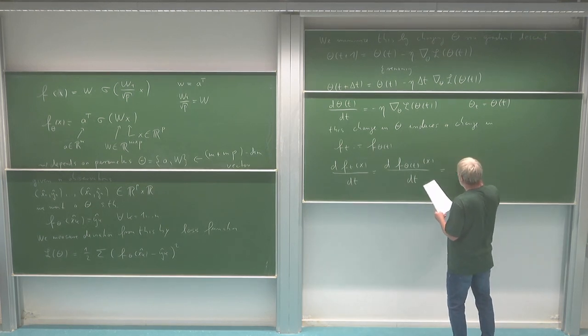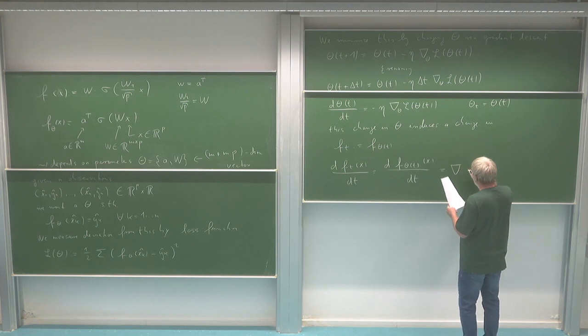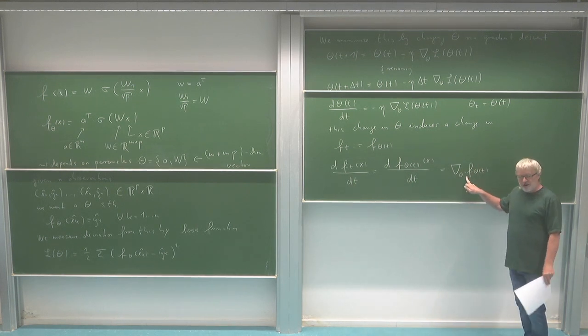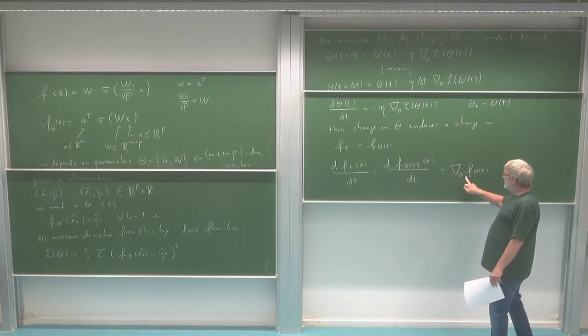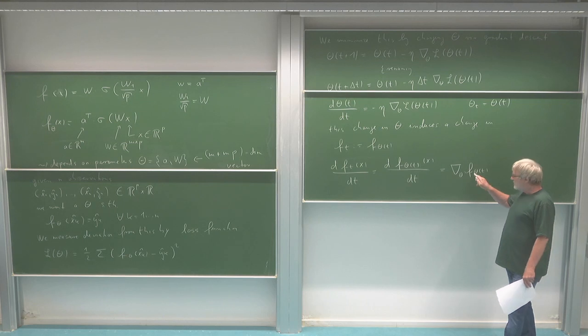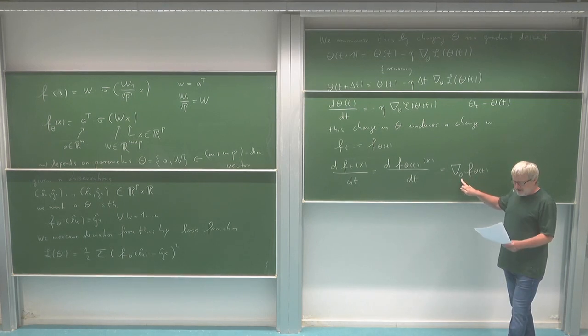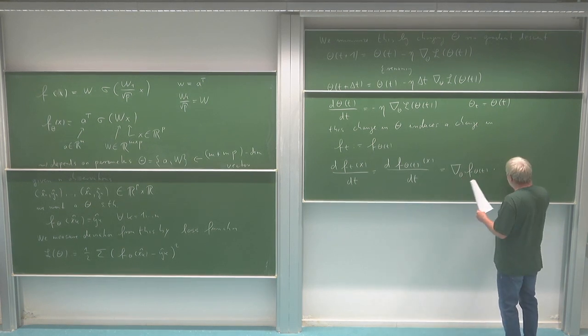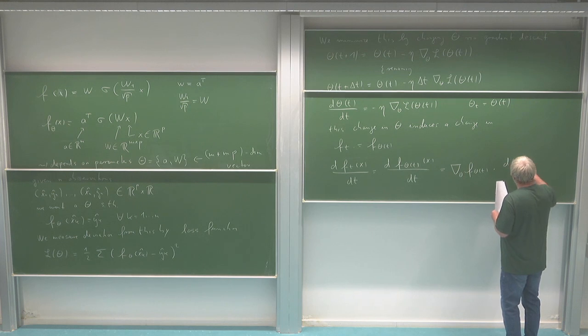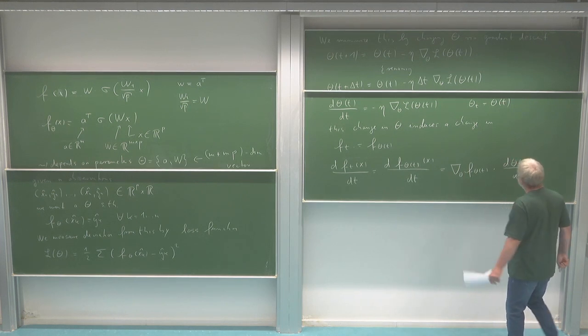So I have to take the gradient of my function f of theta with respect to theta, that's a collection of all partial derivatives of the function f with respect to the parameters. Then I multiply it with the change of the parameter with respect to t, so this is multiplied with d theta of t divided by dt.